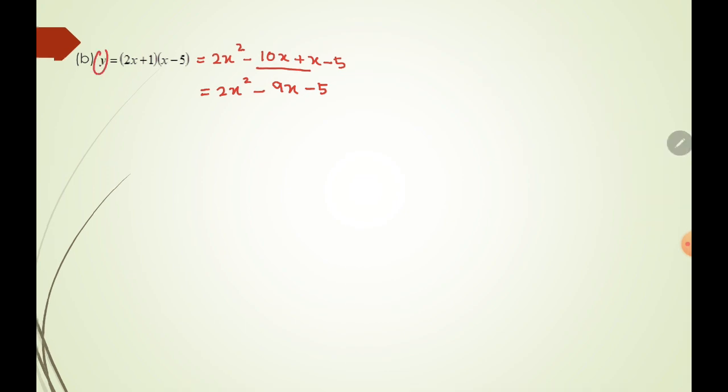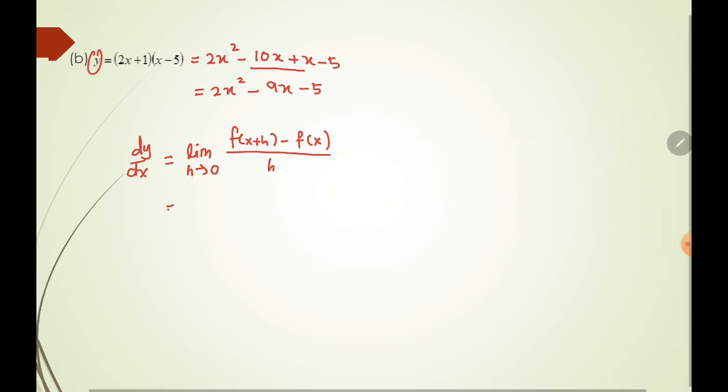Because the title here is y, we want to find dy over dx, same as f prime if we got f(x). We use limit h approaches 0, f(x) plus h minus f(x) over h. So change all x here with x plus h.